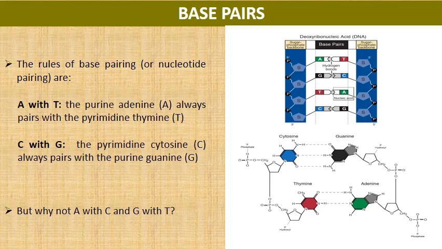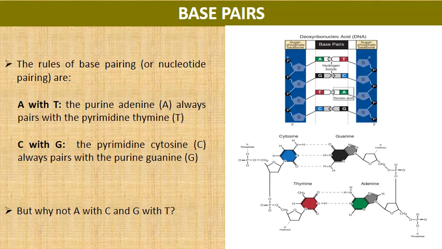So this solves the query of why purine pairs with pyrimidine. But why can adenine not pair with cytosine, or guanine with thymine? The answer is that only between A and T, and C and G, there are opportunities to establish hydrogen bonds, shown here as dotted lines.